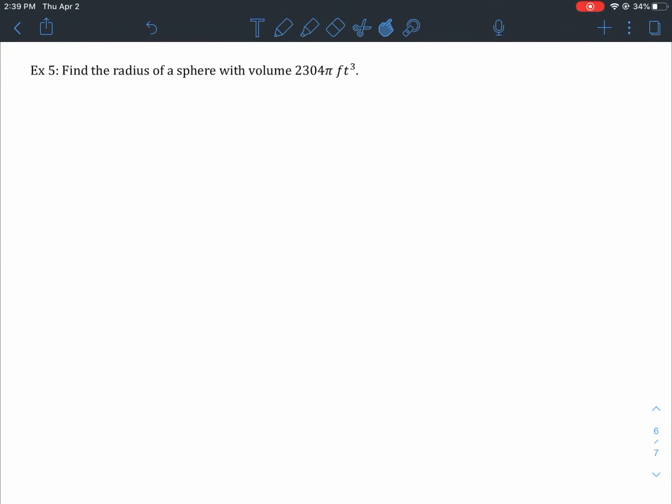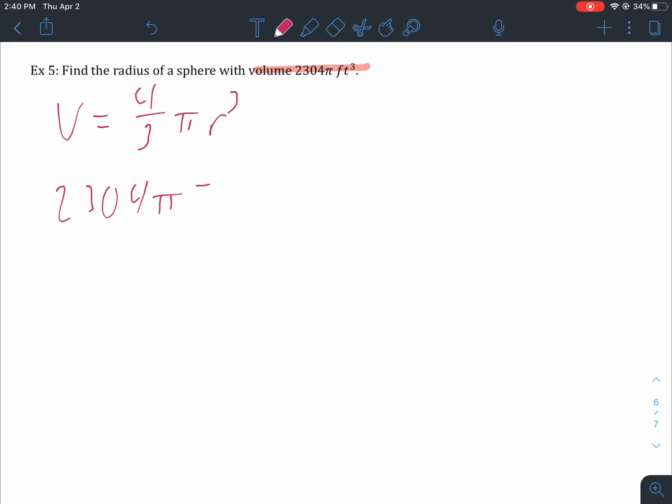Okay, number 5, we're working backwards again. Find the radius. So again, here's our formula. Put 2304 pi in for volume. Divide both sides by pi.